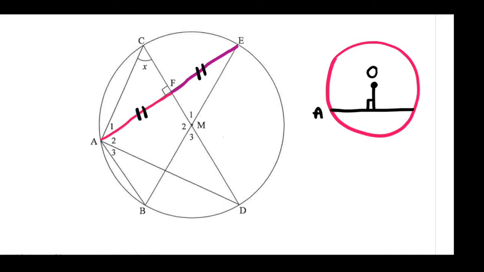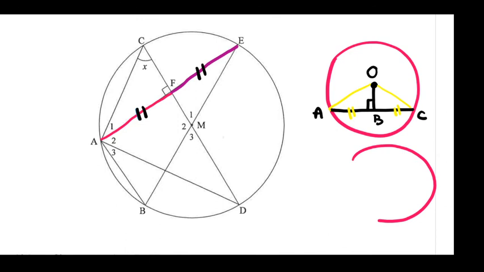So this is A, this is B, this is C. What you need to note is that if you're given the perpendicular line, you are asked to prove that AB is equal to BC, and you're going to prove that using congruency. Okay, fine.